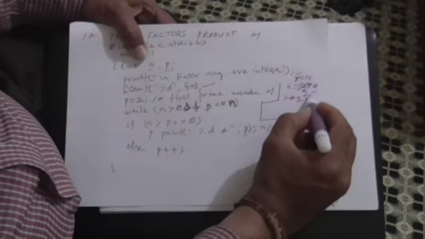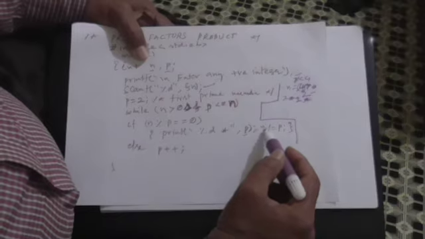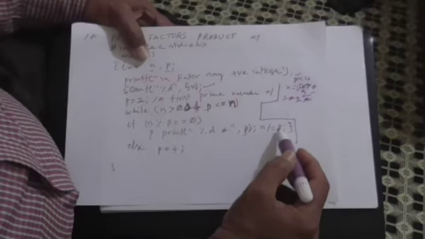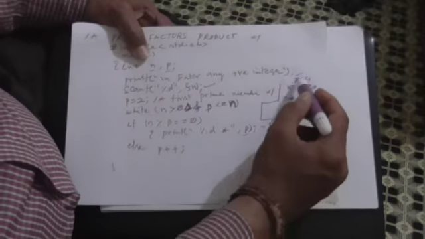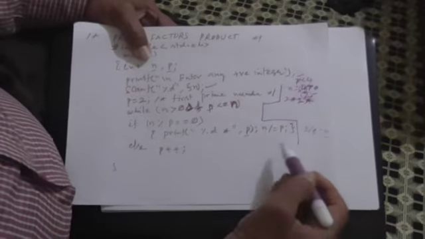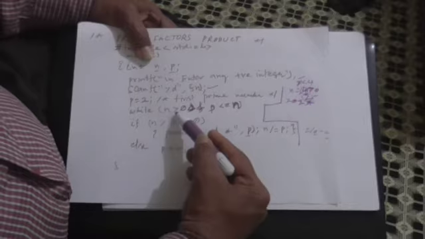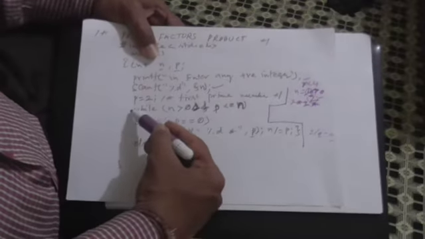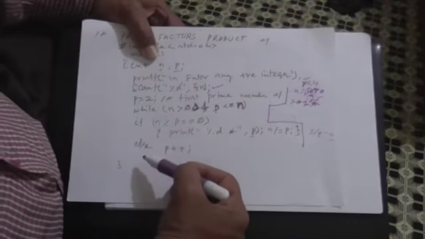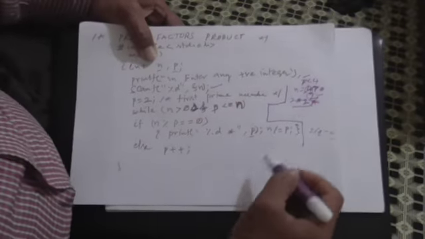So write 2, and again the star it prints. And again you write n is n by p. So 2 divided by 2 is 1. Therefore, now the condition is not satisfied. When the condition is not satisfied, you will be exiting the while loop. So it has printed 2 into 2.